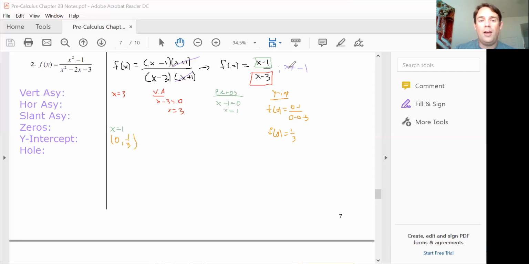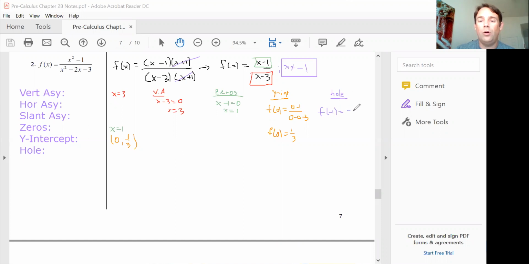My hole, well, I have one this time because I had an excluded value. So to find out the y value that goes with that hole, I'm going to plug negative 1 in.